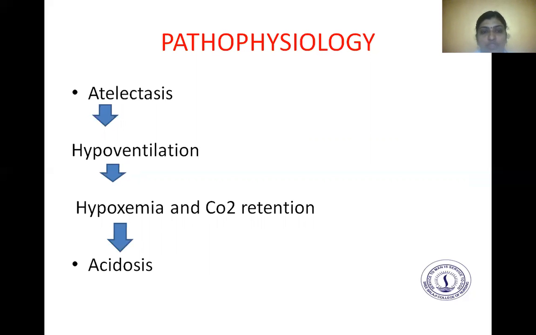Because of that, the child will not get enough oxygen in the alveolar space. So CO2 retention will happen. The CO2 levels will be increased in the alveolar space, so it will increase the acidosis level.